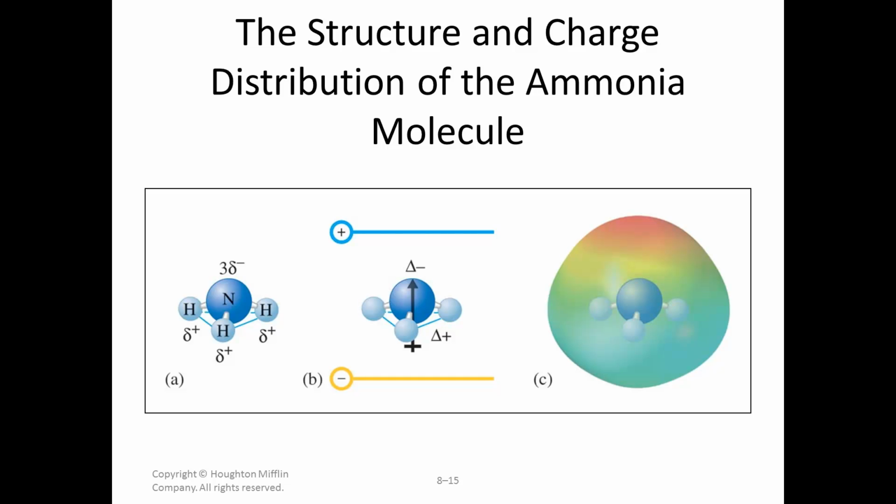If we draw a dipole moment, as is shown in B, the dipole would be in the direction of nitrogen because the positive end is by hydrogen, the negative end is on nitrogen, and our electrostatic potential map in C shows the same sort of distribution of electron density. High electron density around our nitrogen, low electron density around the side of the molecule where the hydrogens are.